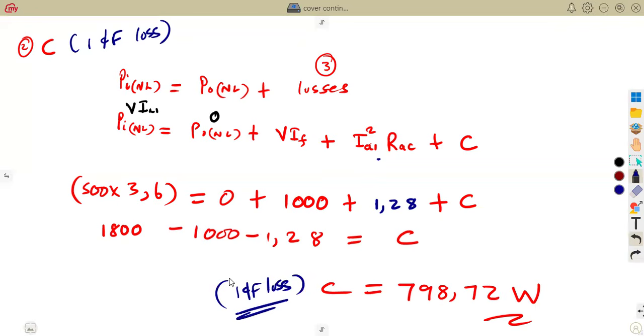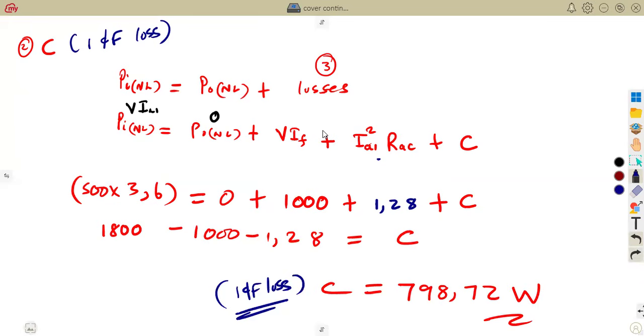So with these, we are left with, remember, we need all three losses. We used a condition. I do not want you to have confusion on this part where I was saying we are calculating the armature copper loss. It's very true. It was the armature copper loss at what?